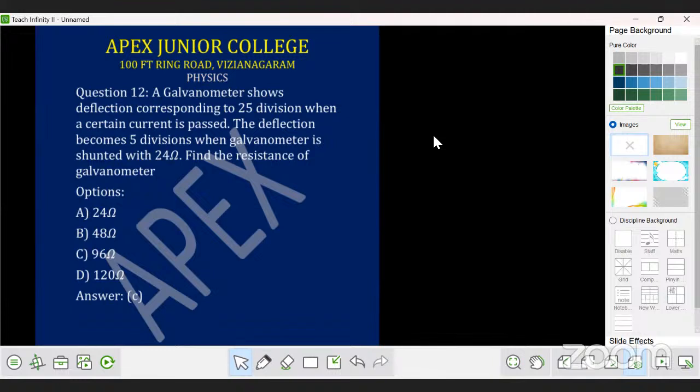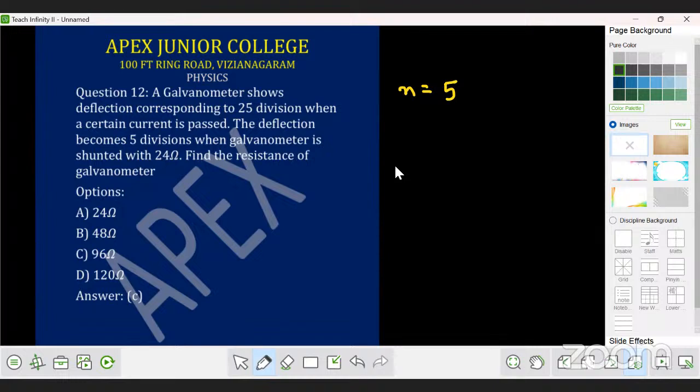That means it was reduced from 25 divisions, current will be reduced to 5 divisions only. That means sensitivity decreases and range increases here. And what is the formula for range increases from number of times? That is nothing but 5.